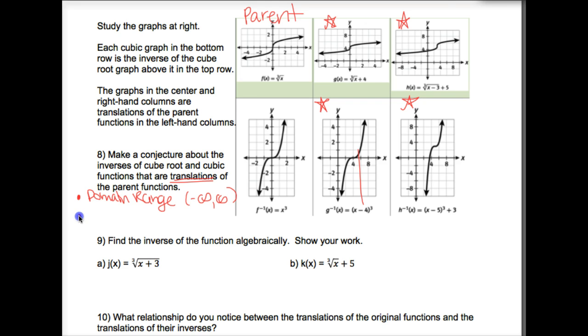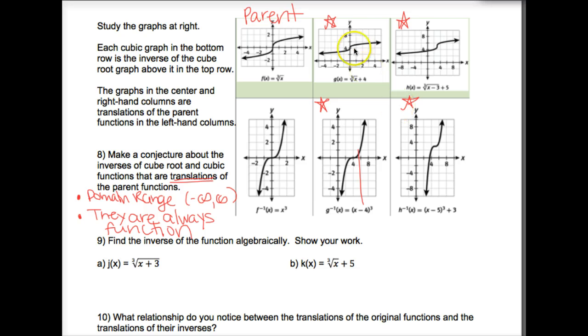Another conjecture that you might make is that they are always functions, meaning regardless of whether we're looking at the original or an inverse, all of these pass the vertical line test.